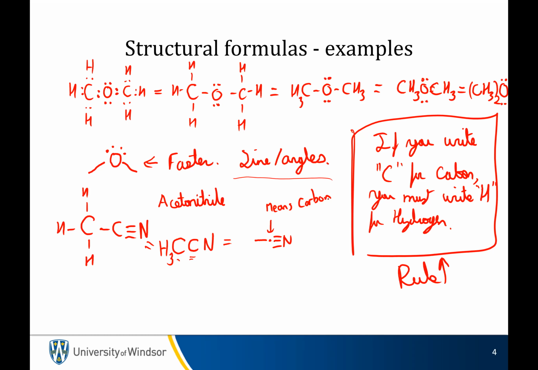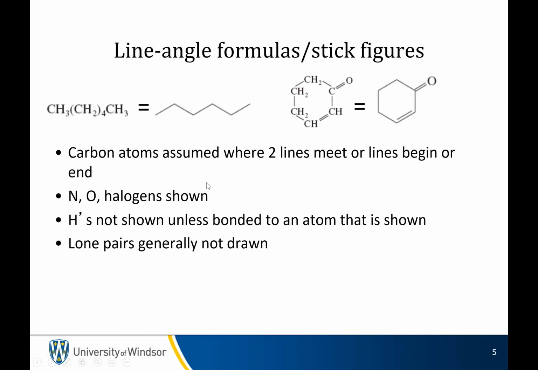I hope this is review for a lot of you, and I hope a lot of you have seen some line angle formula before. In general, these are the rules. We do have to explicitly draw every atom that isn't carbon and hydrogen because based on our formalism, we think any vertex is a carbon. So if it's not a carbon, we have to indicate if it's a nitrogen or oxygen.